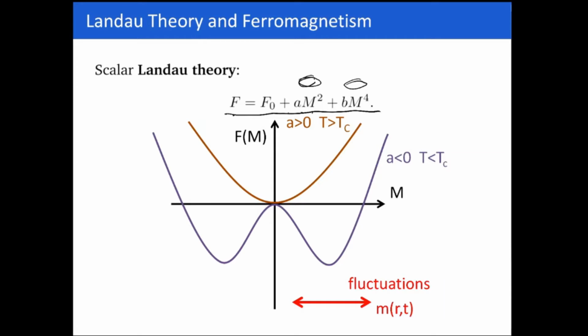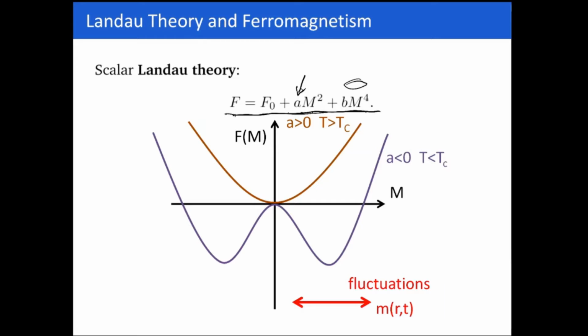And the notion that's used in Landau theory to describe phase transitions is that one of these coefficients, this one here, the A, for example, can be temperature dependent. So when you change the temperature, the shape of the curve you get plotting the free energy as a function of the magnetization, the order parameter, changes.